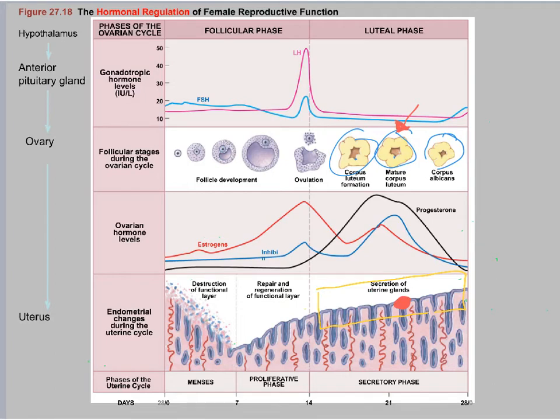And in that case, if there is a pregnancy, progesterone does not dip. Progesterone should stay pretty stable throughout the remainder of the pregnancy. And the job of that progesterone is to maintain this uterine wall so that a pregnancy can be carried out.